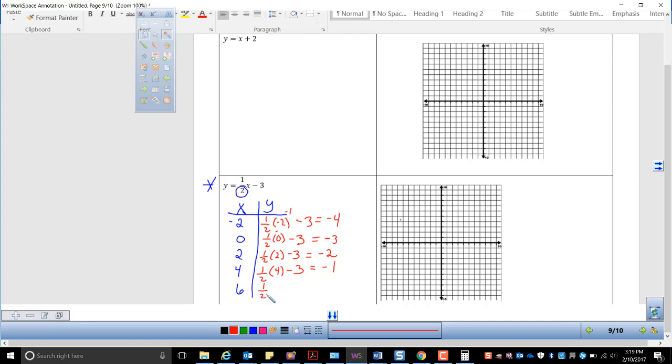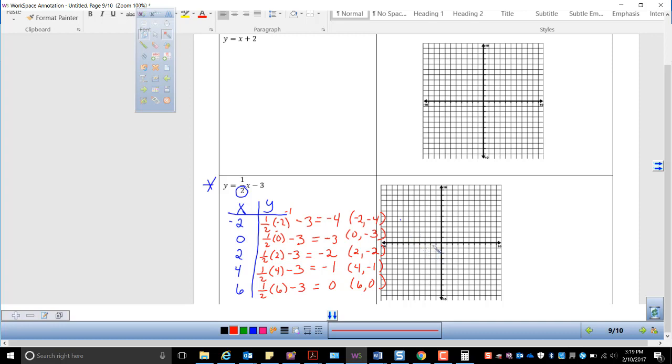And now I'm going to put in 6. 1 times 6 is 6. Divide by 2 is 3. Minus 3 is 0. So I have my ordered pairs: negative 2, negative 4; 0, negative 3; 2, negative 2; 4, negative 1; and 6, 0.